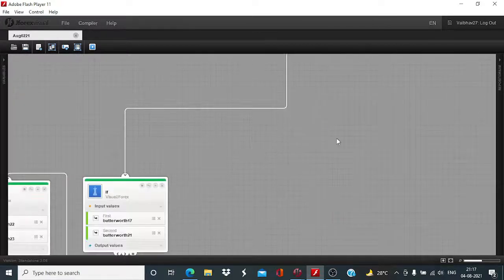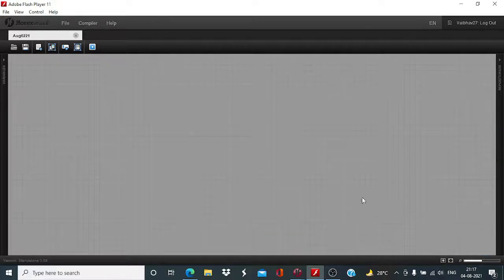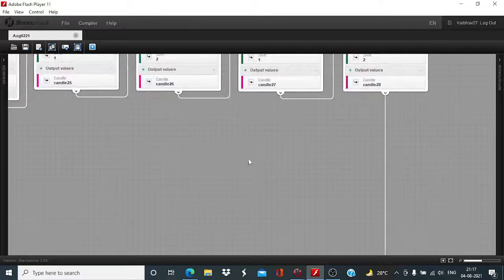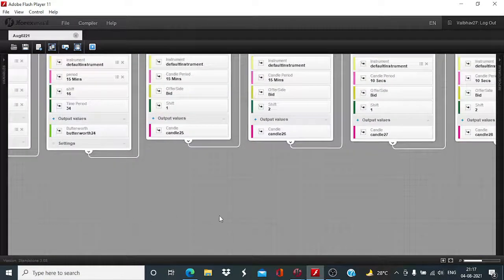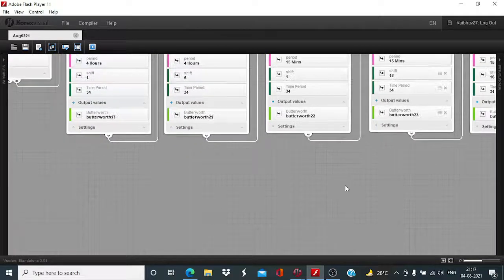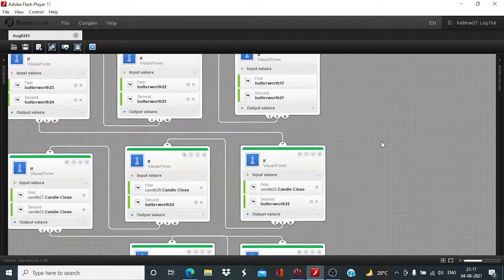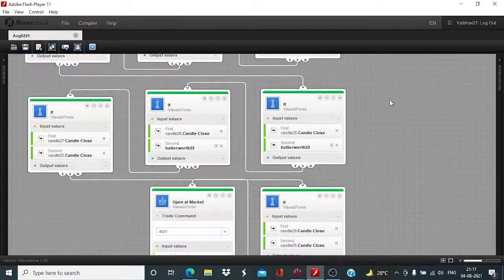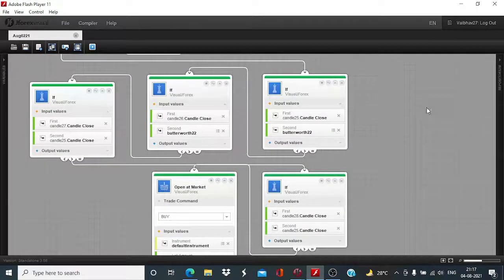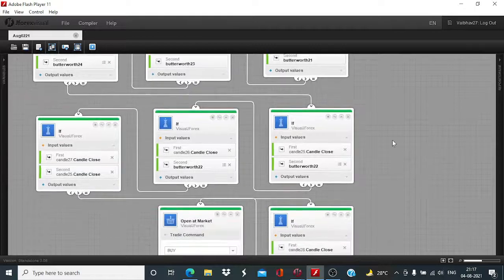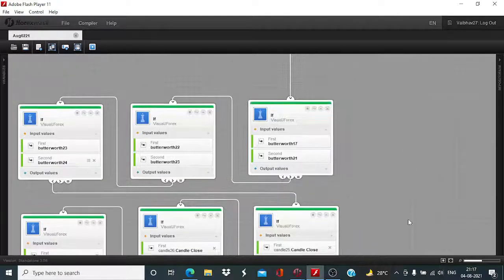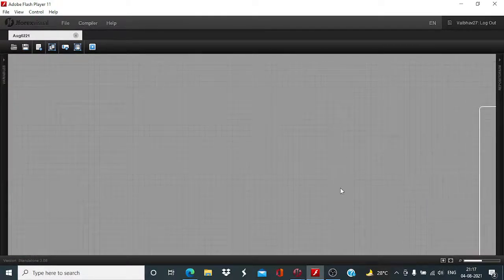So we start the day, and since we don't really have to use any calculation, we will straight away start by adding the if blocks. And since we want the setup to be symmetrical, the number of if blocks on the sell side will be equal to the number of if blocks on the buy side. We have used 7, so for the sell side the number of if blocks will be the same.